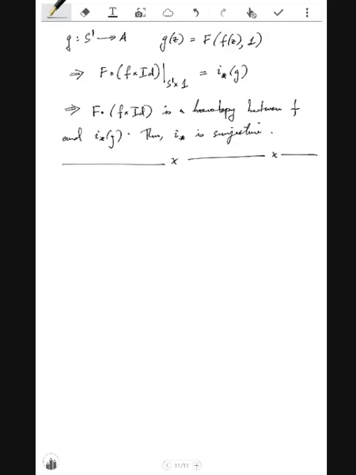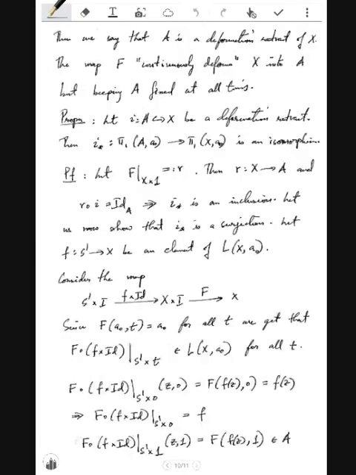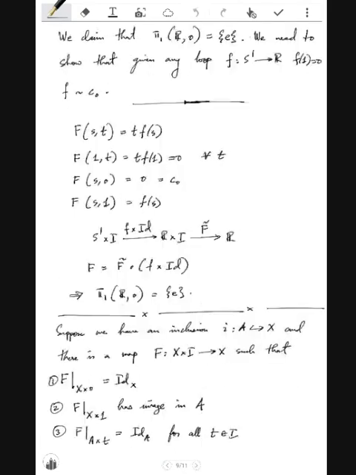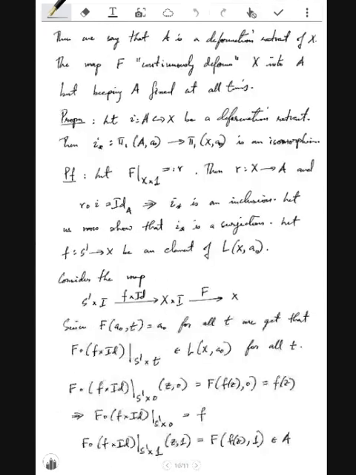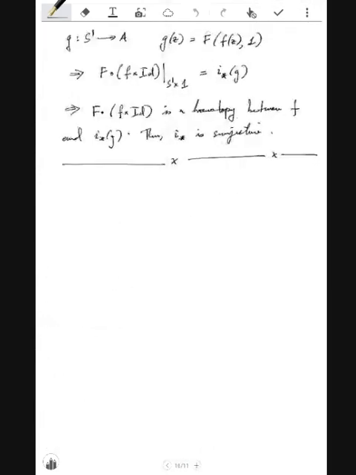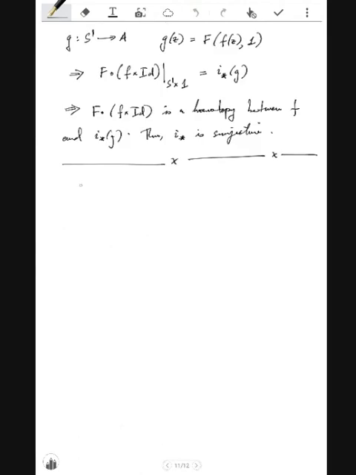So this is an easy proposition. Using this we can compute pi1.